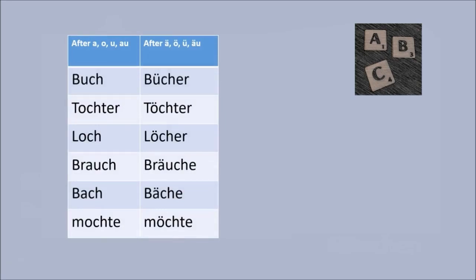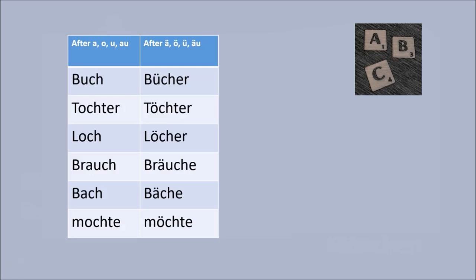So quite often the word changes and the pronunciation changes. Here we've got a list of words where I've actually only added an umlaut. Most of them turned from singular to plural. So the singular word, Buch, because it's after a U, but then the plural is Bücher.